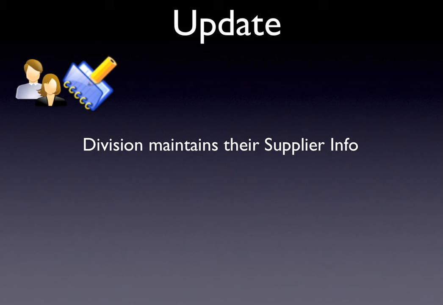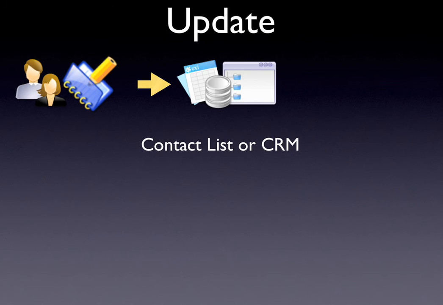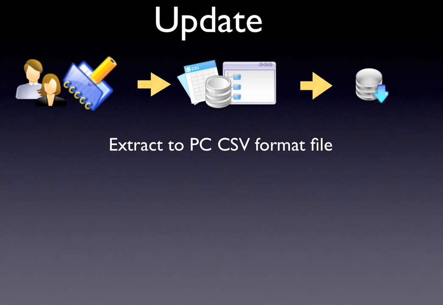Well, in the first instance, of course, the division maintains their own health service provider information, and that's done within their own contact list or CRM. This is then extracted to PC CSV, that's comma separated values format.